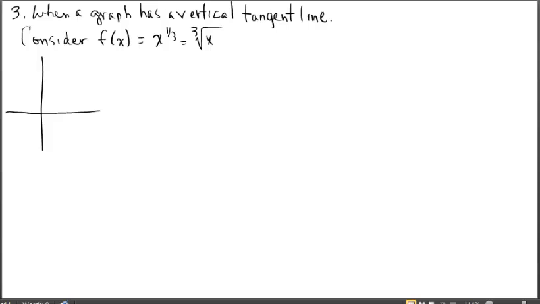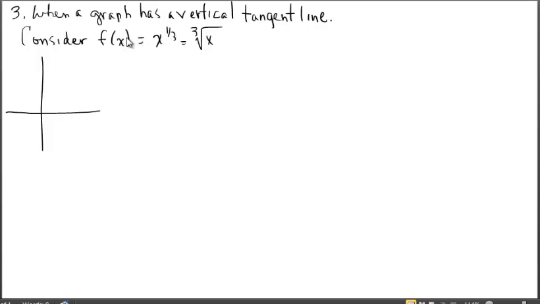The third and final situation that we're going to look at for failing differentiability is when a graph has a vertical tangent line. To help us with that, we're going to consider the cube root function, x to the 1/3 power.